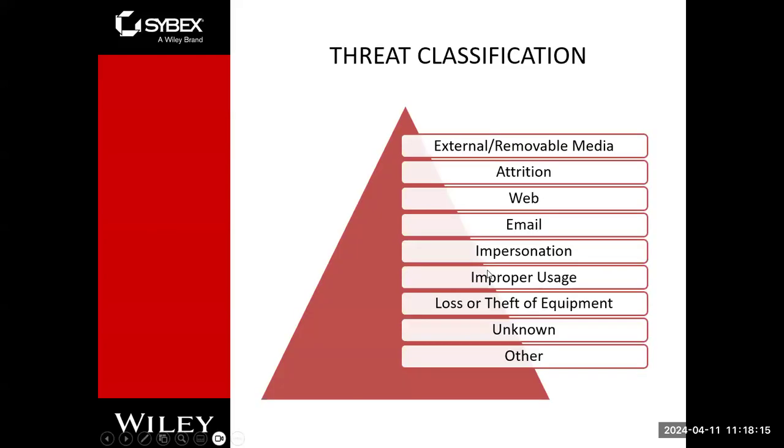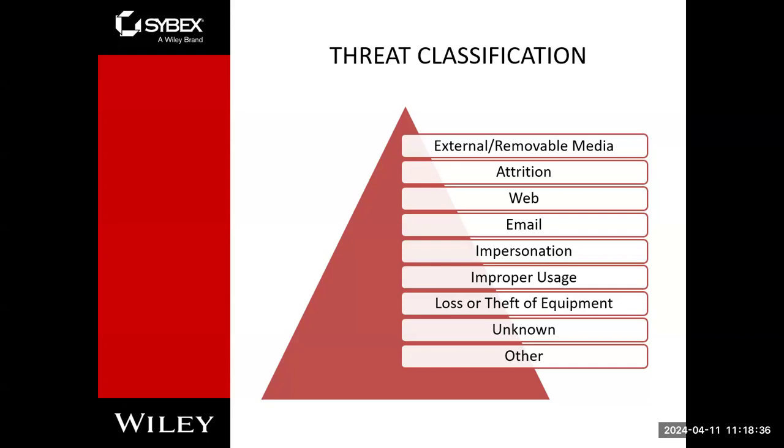So let's talk a little bit about how we classify an incident. There are all types of threat classifications, and we could break this down 20 ways to Sunday. But these are probably the top 8 or 10. And you have unknown and other down there.